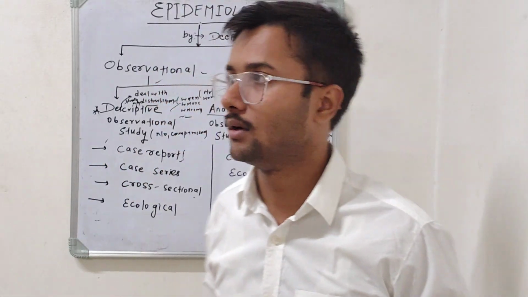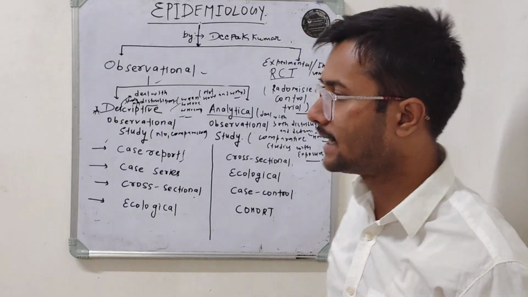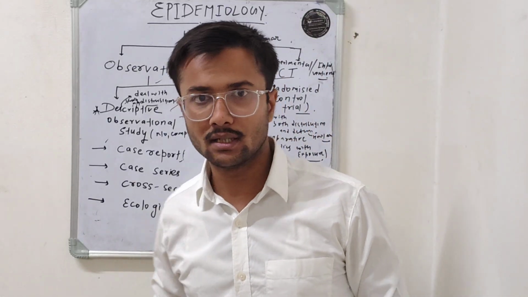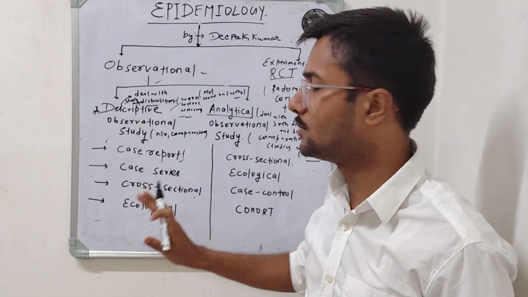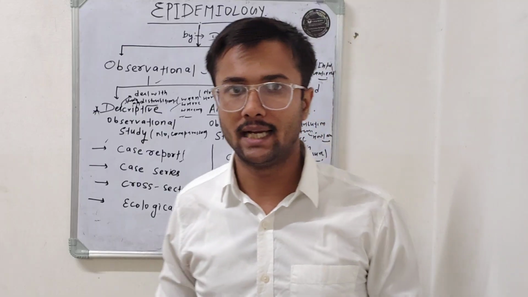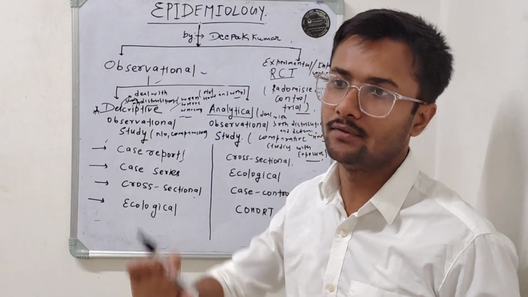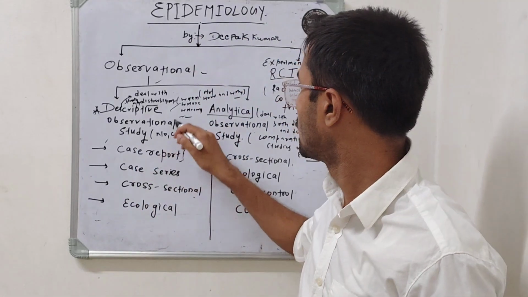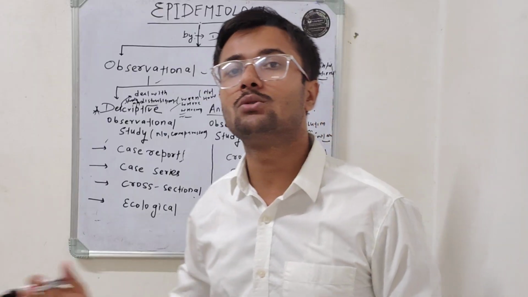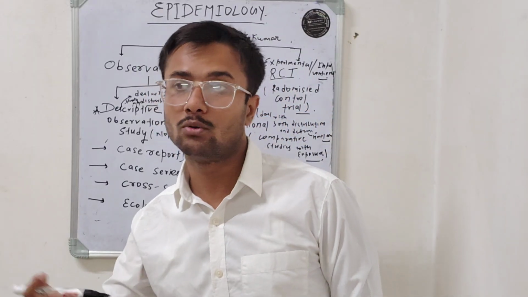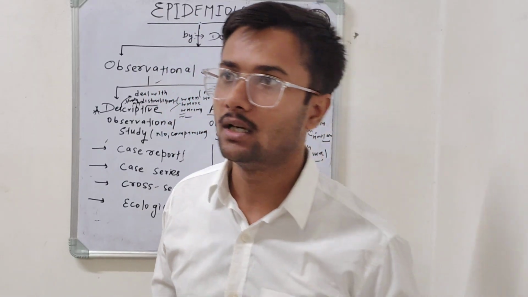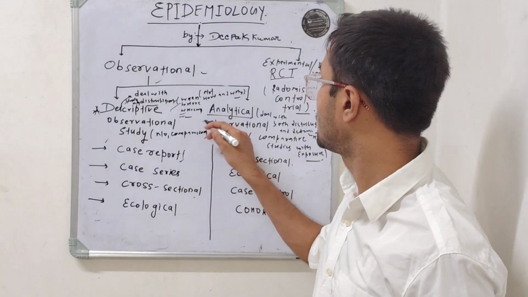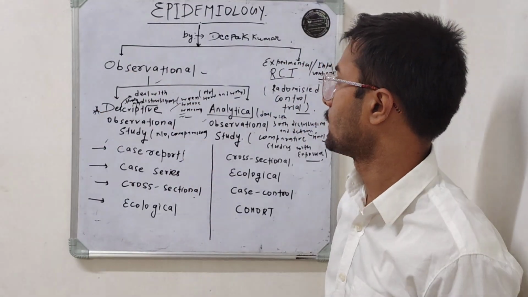But in an analytical study, the researcher studies distribution along with determinants, meaning when, where and whom. Along with that they also study how and why, that is, how the disease occurs and why it occurs. So this is the collective study of epidemiology.